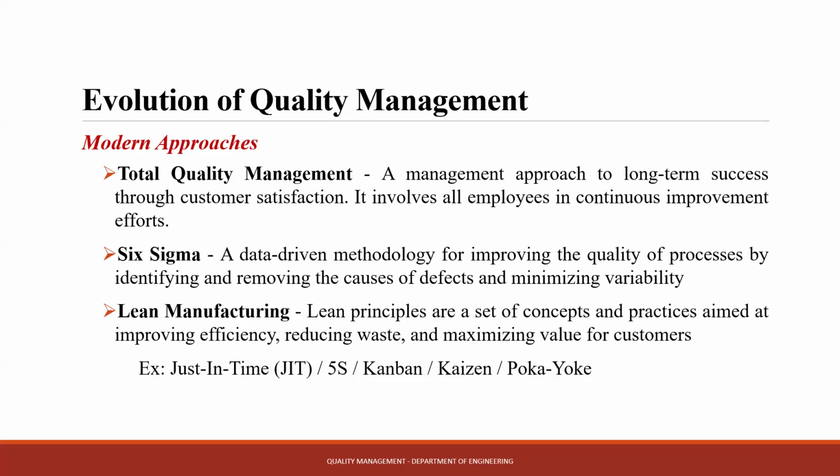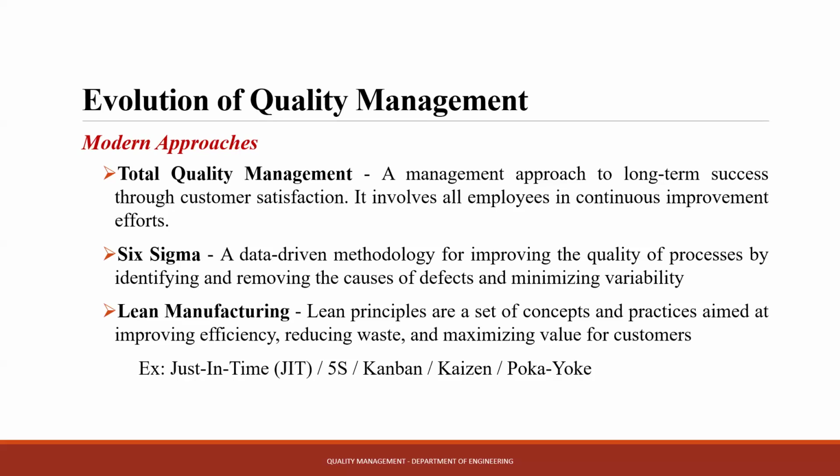Along with TQM, Six Sigma and lean manufacturing are also linked. For Six Sigma and lean manufacturing, we have separate lessons, right? Just to give you the idea, Six Sigma is also a data-driven methodology which focuses on improving the quality of the processes while identifying and removing the causes of defects. Under Six Sigma, we are trying to minimize the variability, right? That is the main focus of Six Sigma.